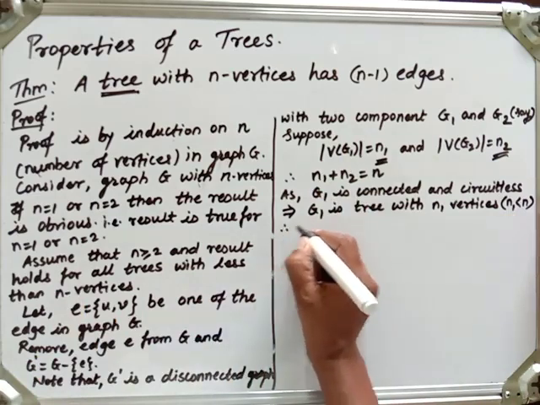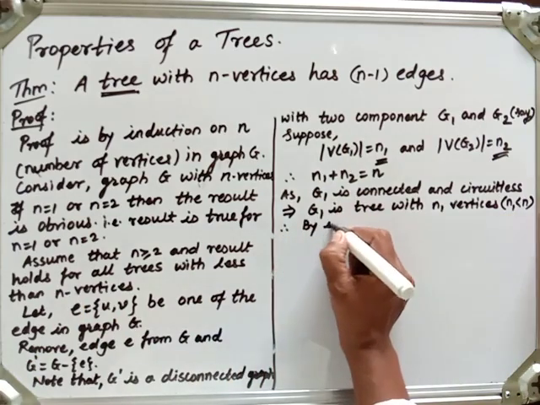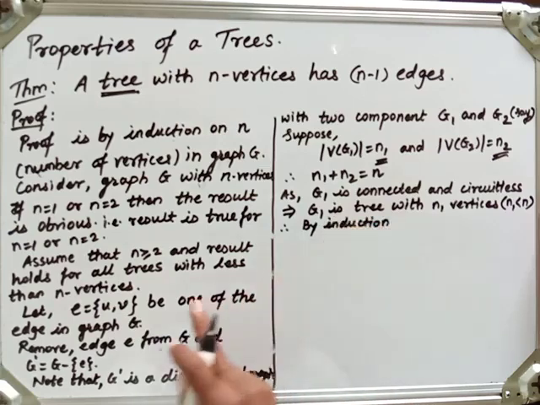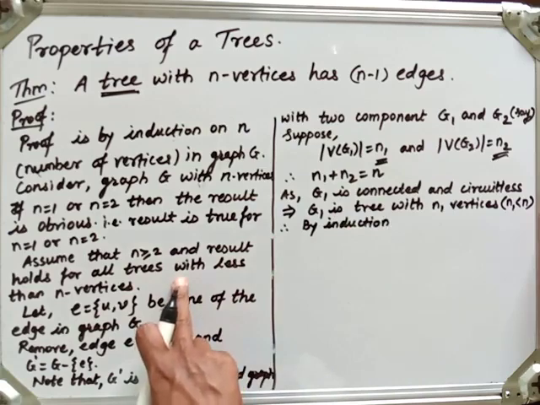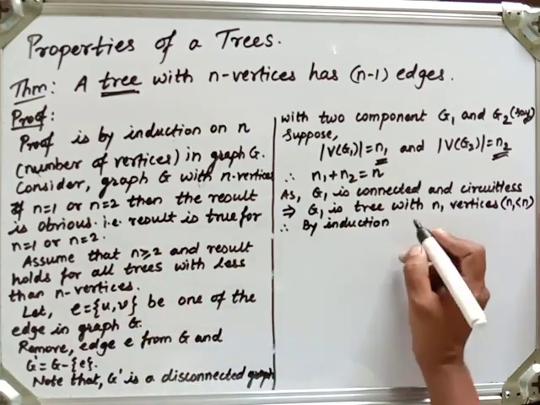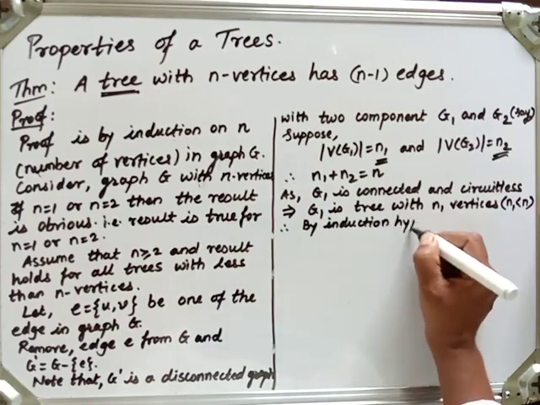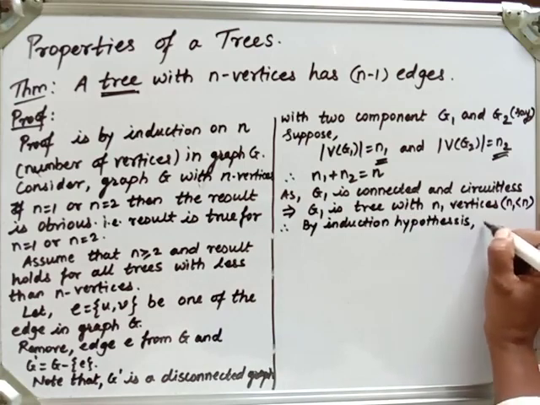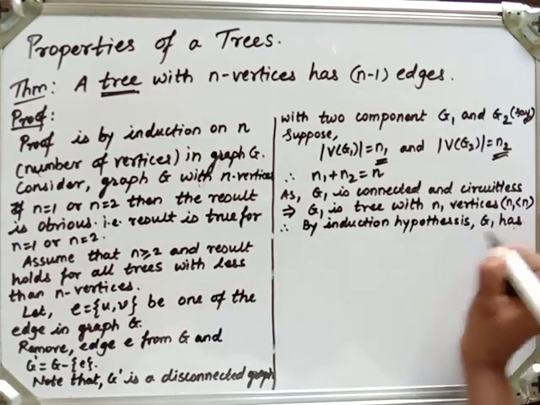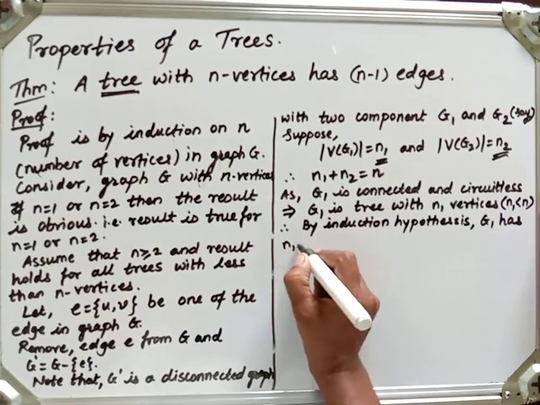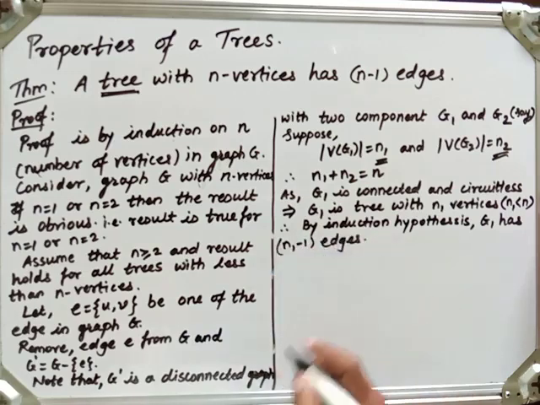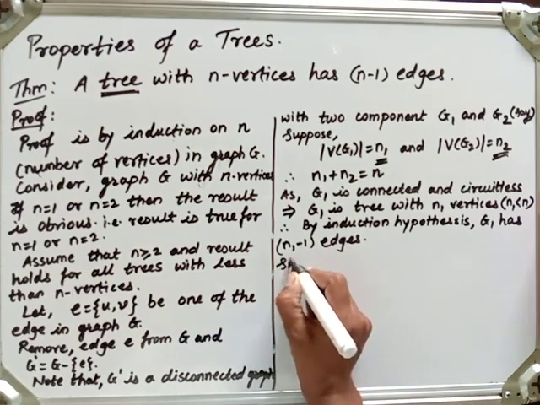So therefore, by induction hypothesis, that is, the assumption in our induction, we can say G1 has N1 minus 1 edges. Similarly, we can write for G2 also.